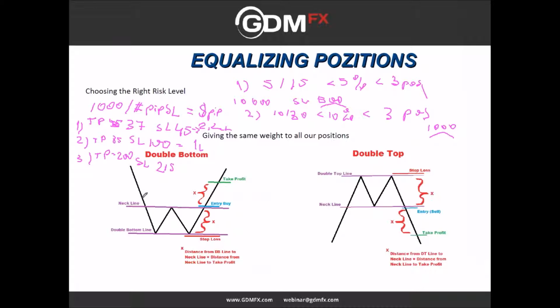We will have an equalized position of 0.47, or we can of course make it 0.5, half a lot.